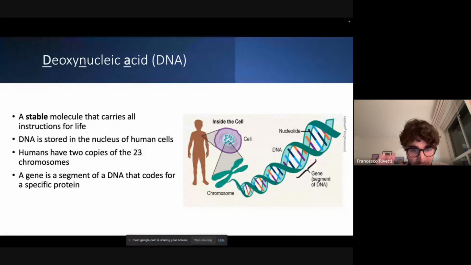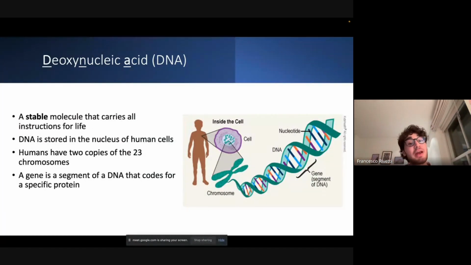Exactly, 23. We have 23 different chromosomes. What this means is that every single one of our cells has 23 copies of every single chromosome. So in total, we actually have 46. 23 come from our dads, 23 from our mothers.